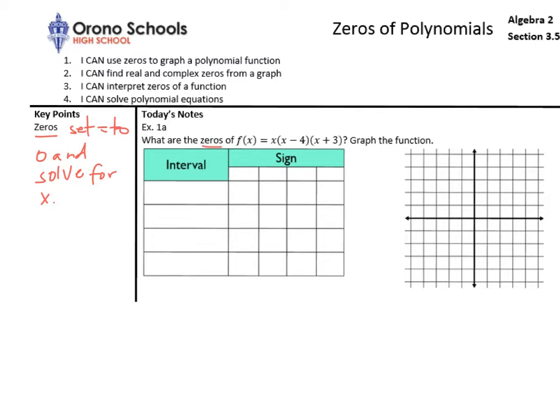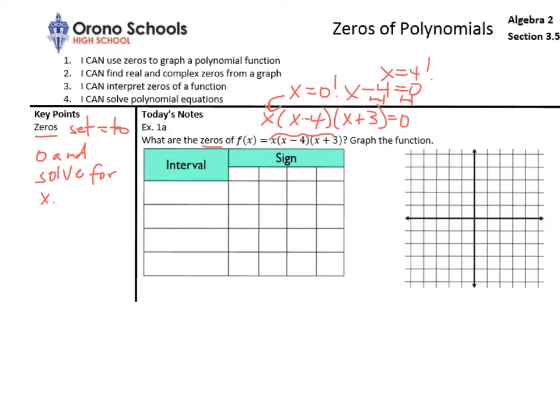To find the zeros, we're just going to set the entire equation equal to 0. And when we do that, that first x is just going to equal 0. That's one solution. Pretty easy. If we have x minus 4 equals 0, we would add 4 to the other side, and we would get x equals 4.